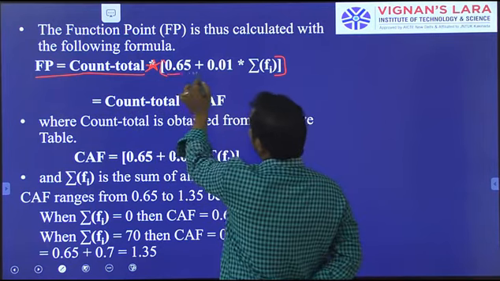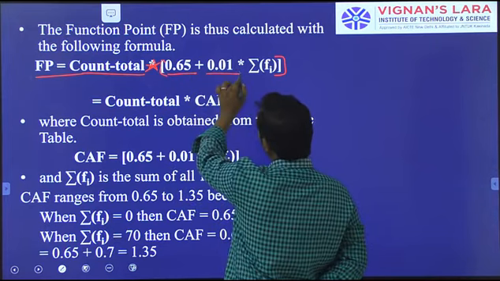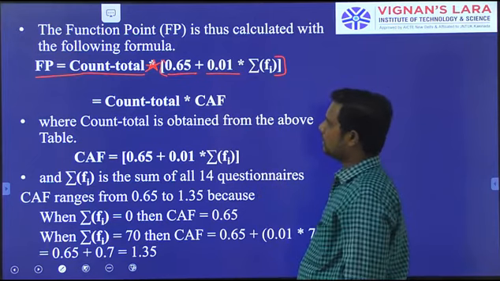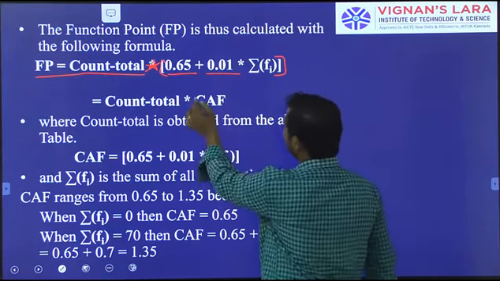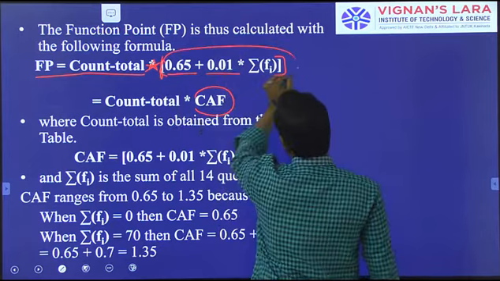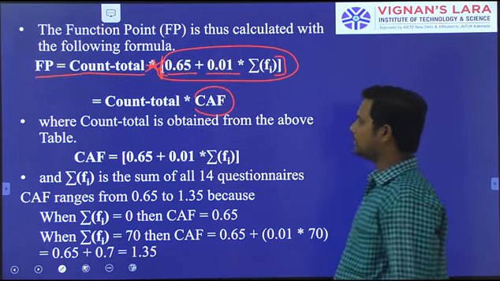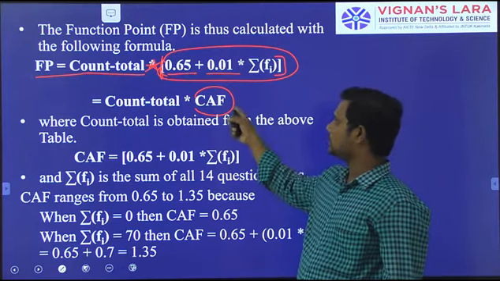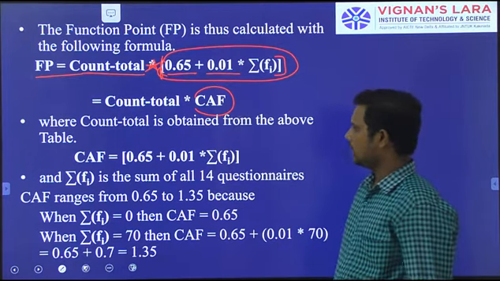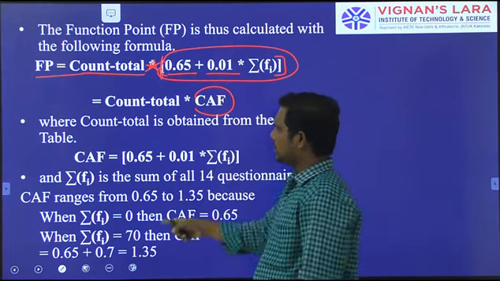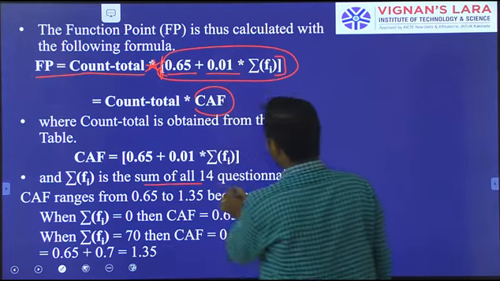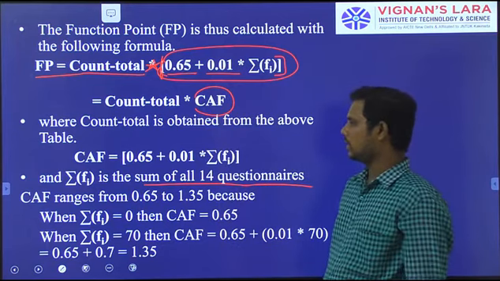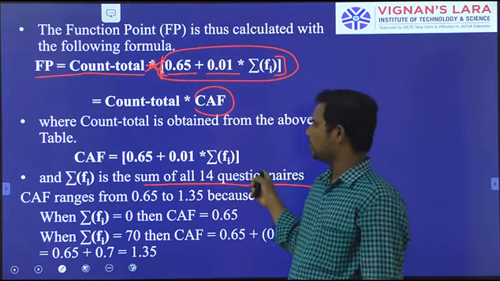What is that number? 0.65 plus 0.01 multiplied by the sum of Fi. This total is the CAF, the complexity adjustment factor. Here, Fi means the sum of all the 14 questionnaires.